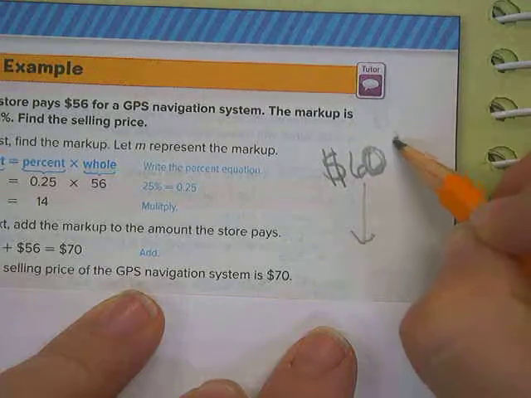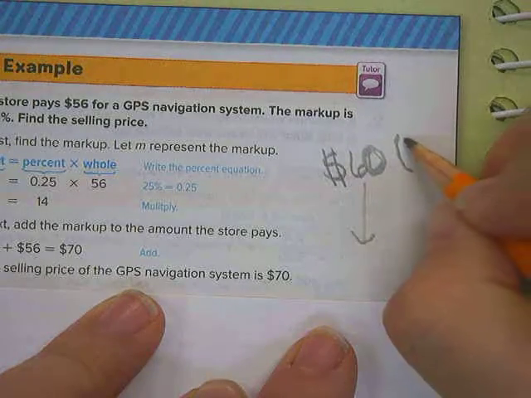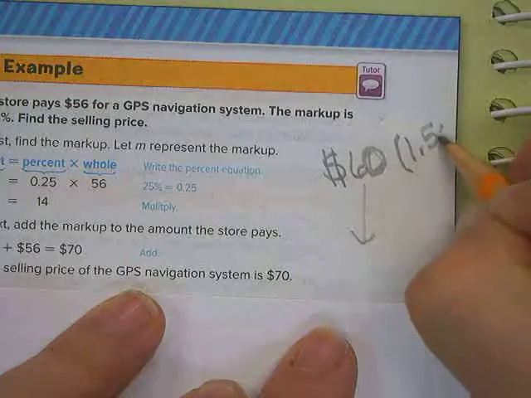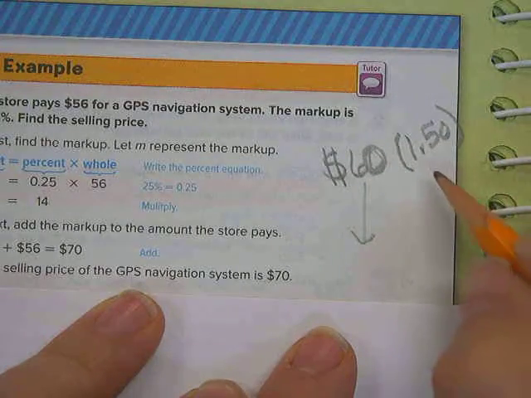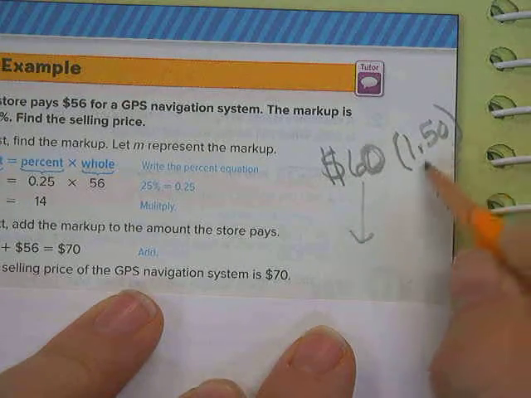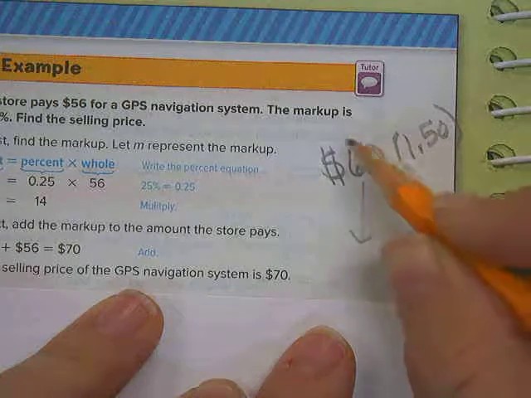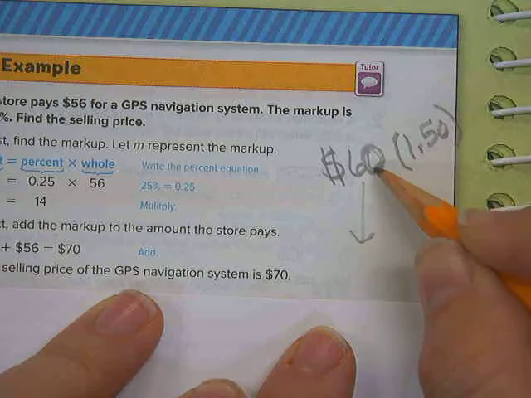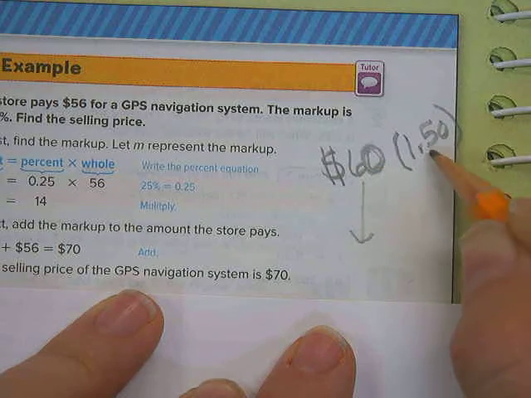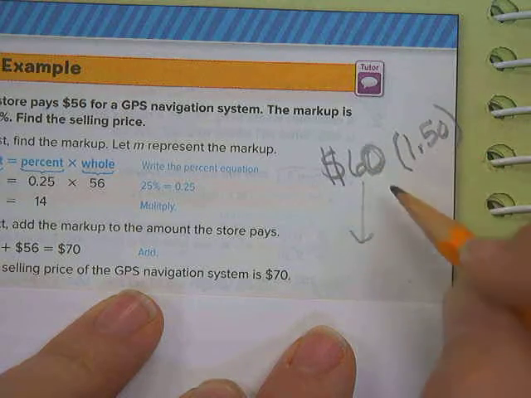So let's just say that Walmart decides to mark up their iPods 50%. Since it's a markup, they are really multiplying by 150% because they want the whole $60, then they're going to add on another 50%.